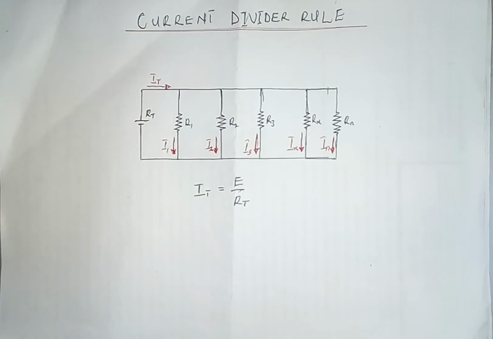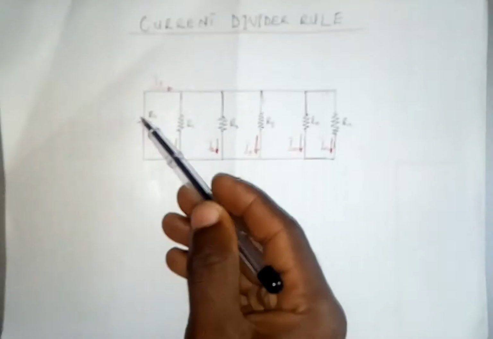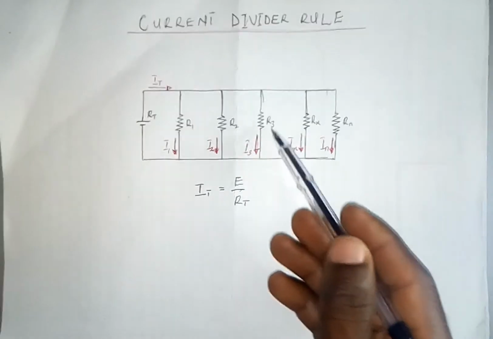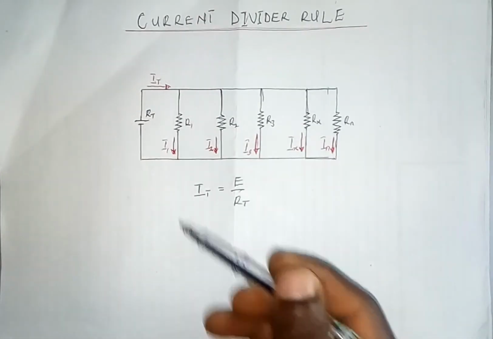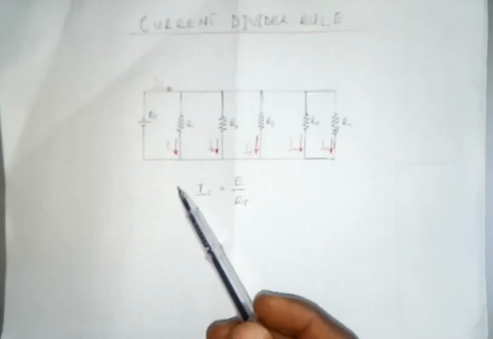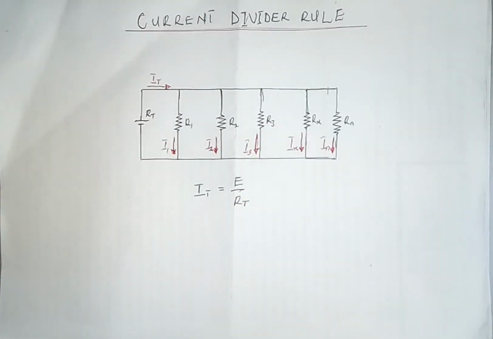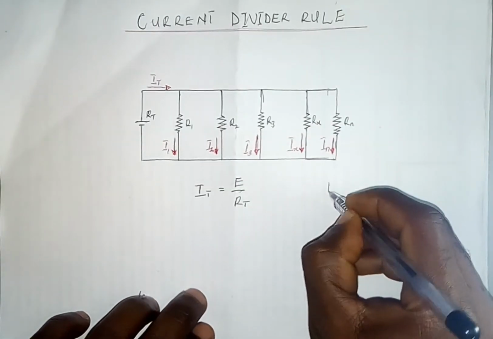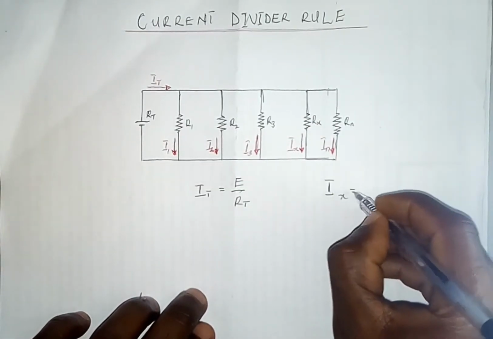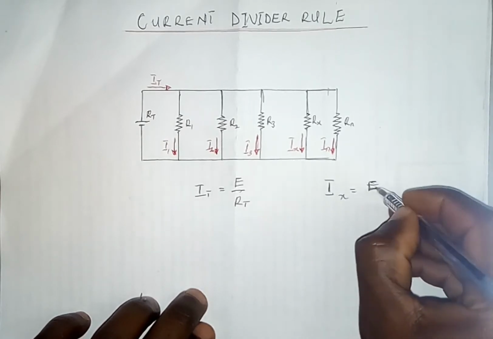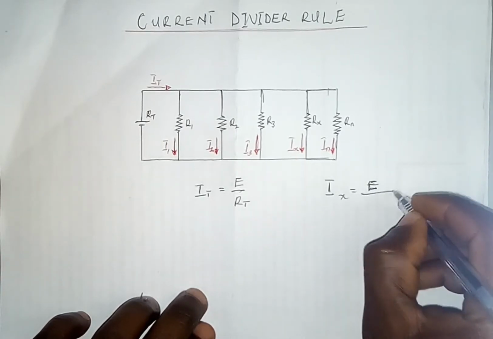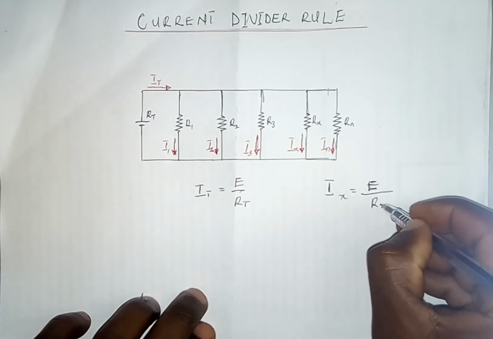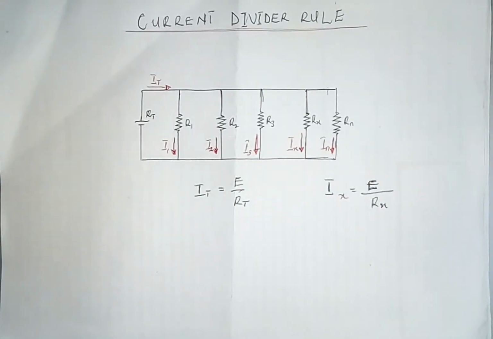Since each of the parallel resistors has the same voltage E across its terminals, the current through any resistor is given as Ix equals E over Rx. So that is the current across each resistor.